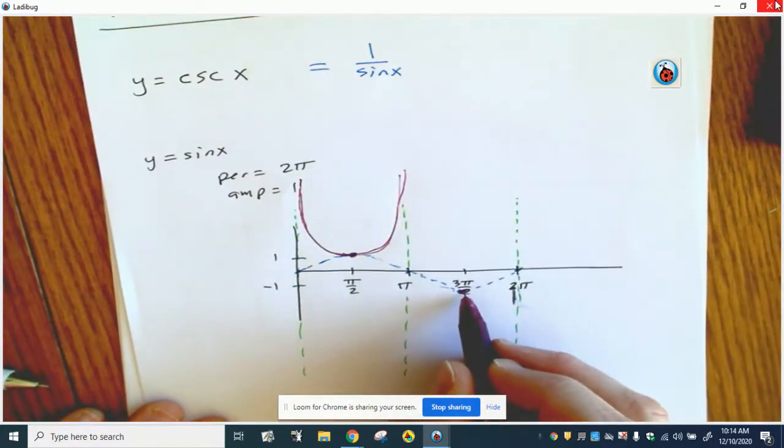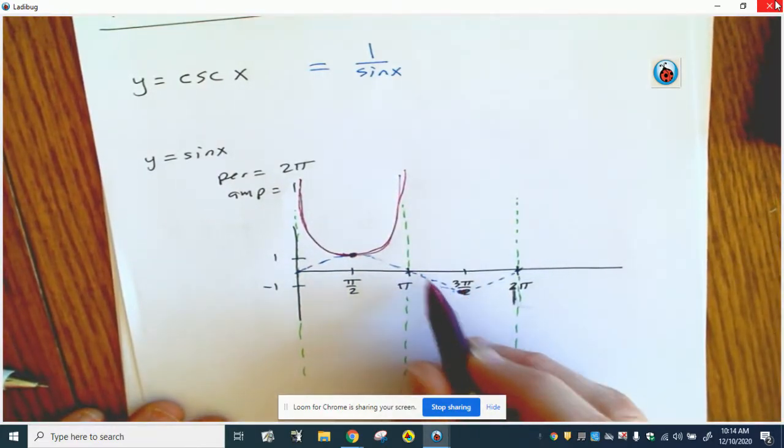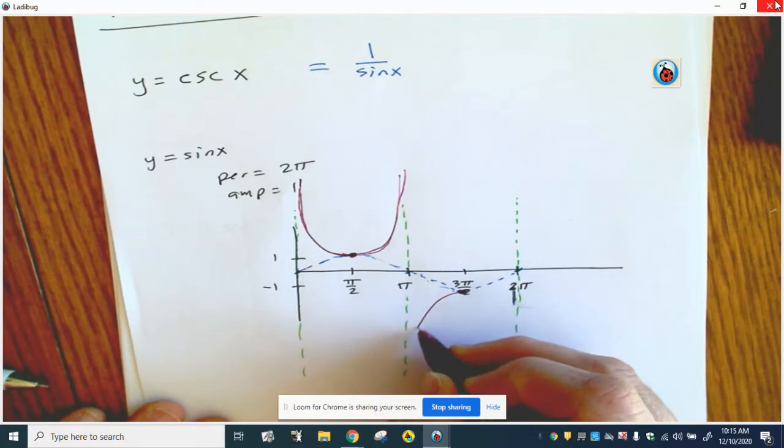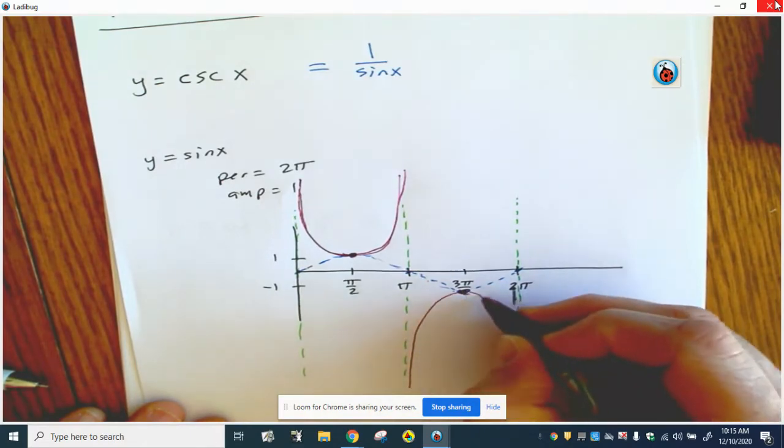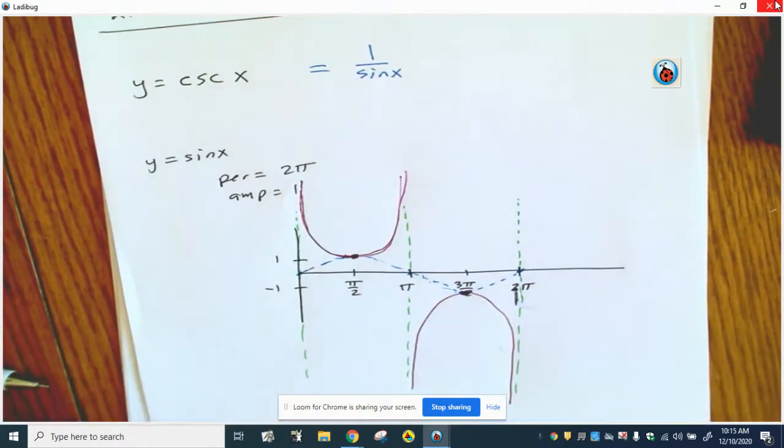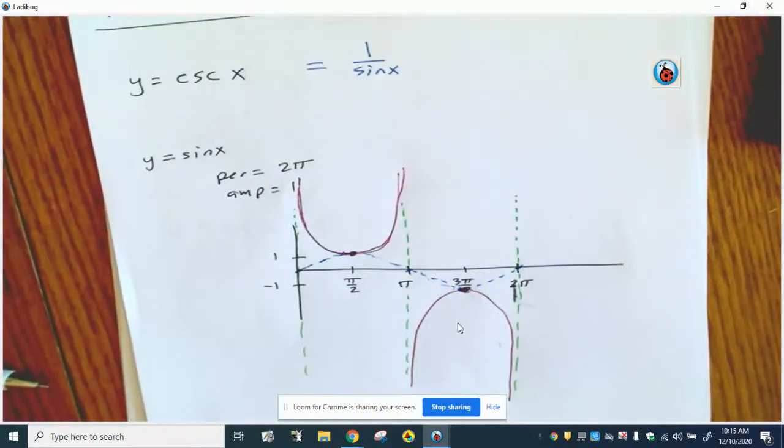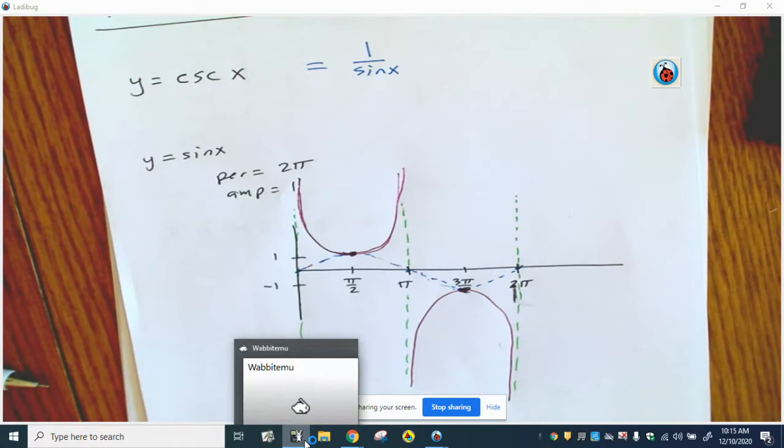And then the same thing is going to happen over here, except now we're doing it from the negative point of view. So we have, like, -1/2 would be -2, and things like that. So this is going to be a U shape going down, okay? Now, all cosecant and secant graphs look very similar.